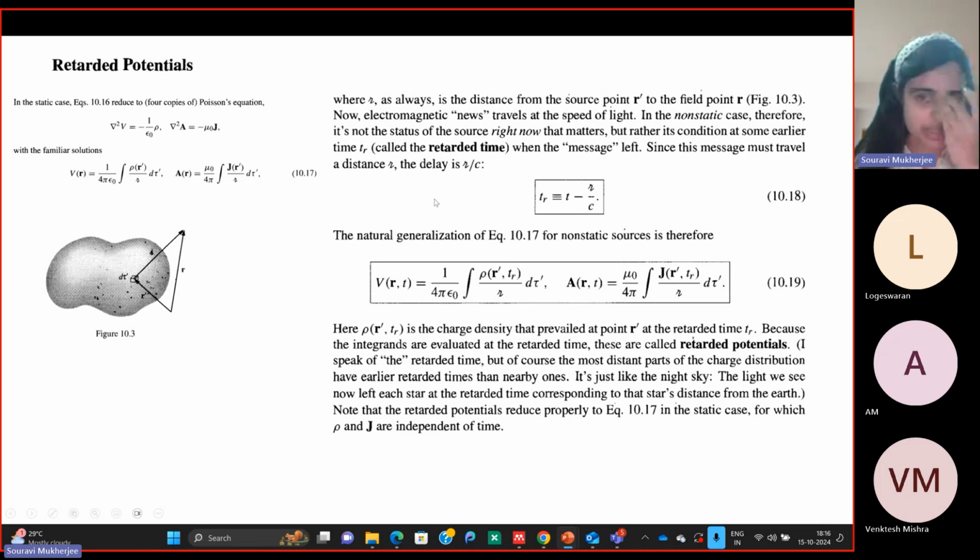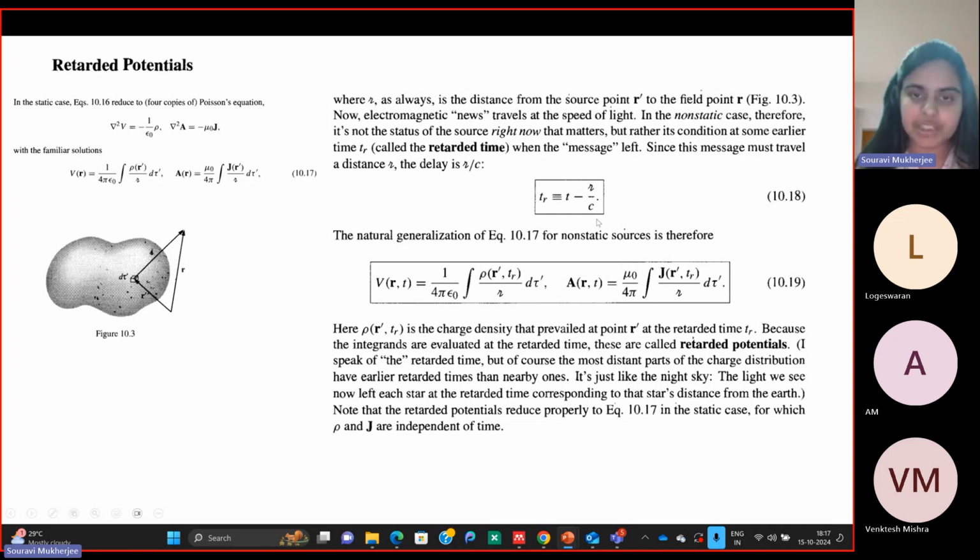So when you write the expression for the vector or the scalar potential at a given time, it depends on the volume charge density or the current density at some earlier time, right? And so you have this t_R time coming in, which is given as t minus r by c.